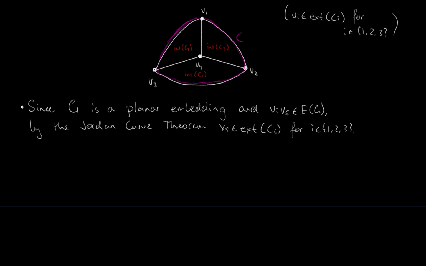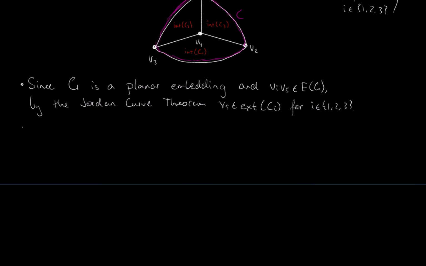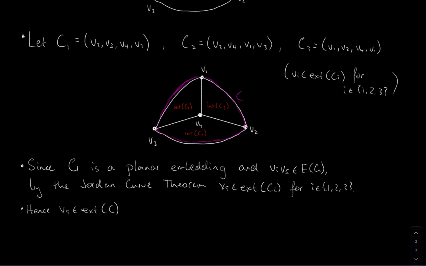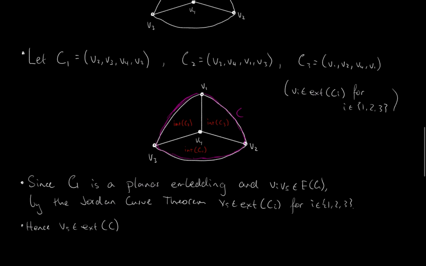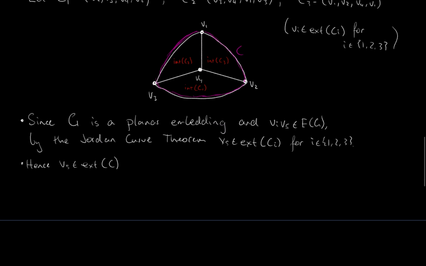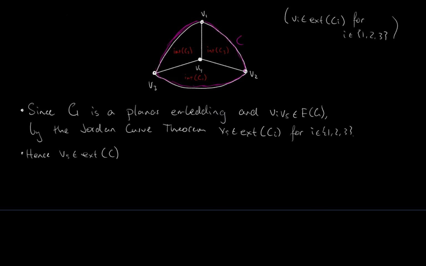So therefore, hence V5 must live in the exterior of the entire cycle. Right? Because the Jordan curve theorem says that we have two arc-wise connected disjoint open sets, right? So if we start in the exterior, we must remain in the exterior.